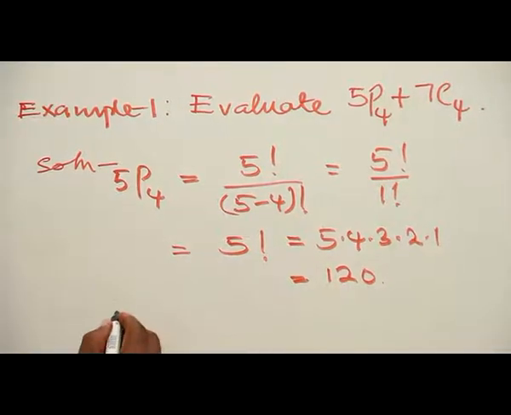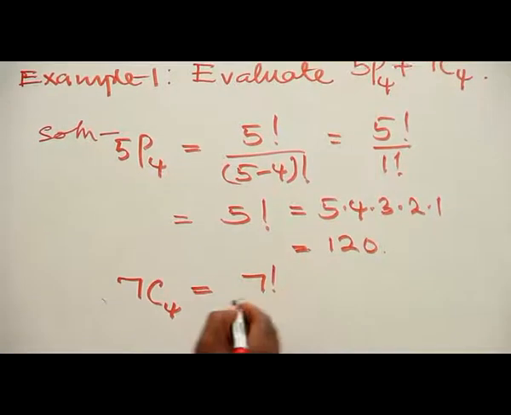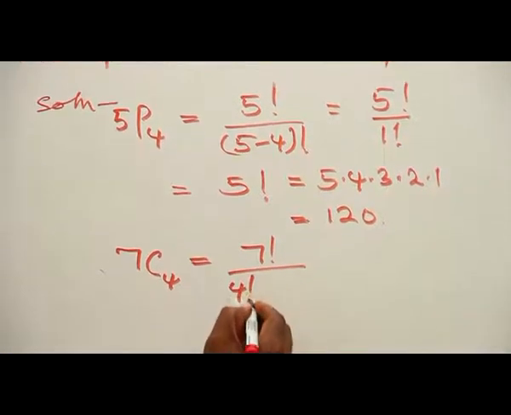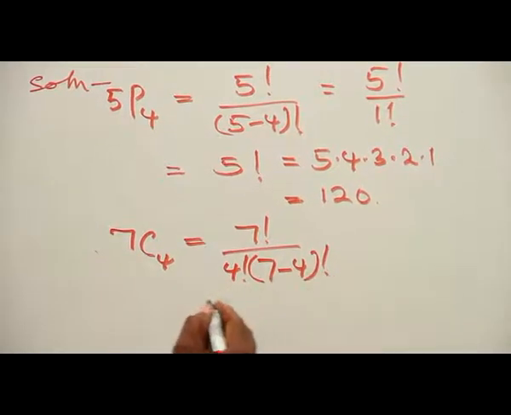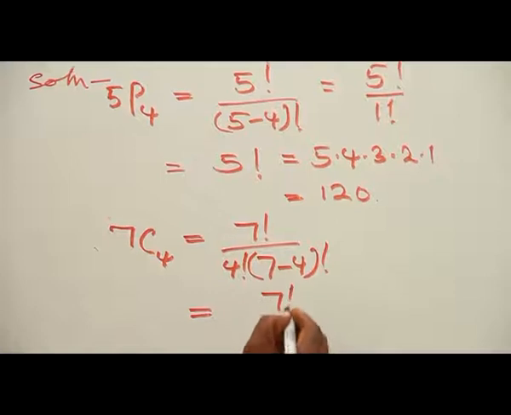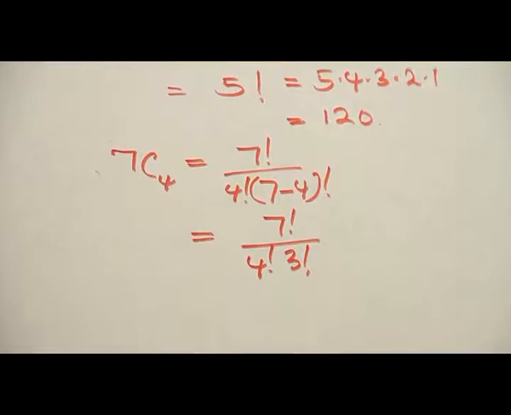120. Then you take your 7C4, which is 7 factorial all over 4 factorial times 7 minus 4 factorial. This eventually will give you 7 factorial all over 4 factorial times 3 factorial.